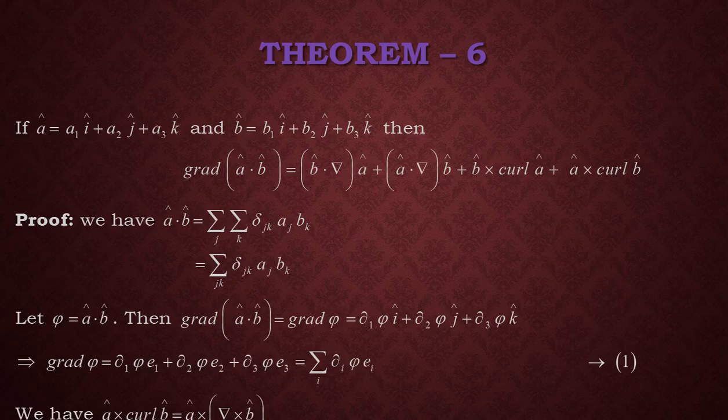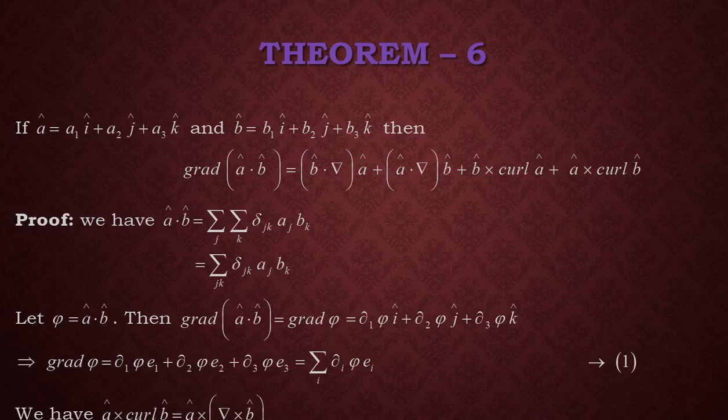First let us consider our vector fields A cap equals A1 i cap + A2 j cap + A3 k cap and B cap equals B1 i cap + B2 j cap + B3 k cap. In the LHS of our vector identity, we have to find the gradient of A cap dot B cap. A cap is a vector field, B cap is a vector field.